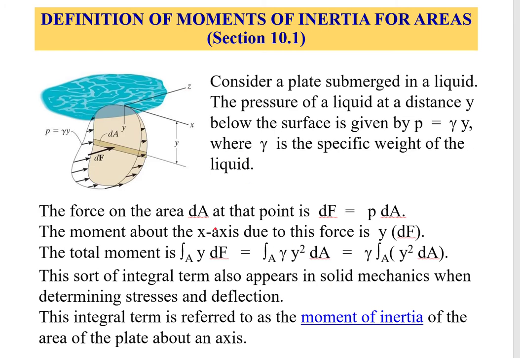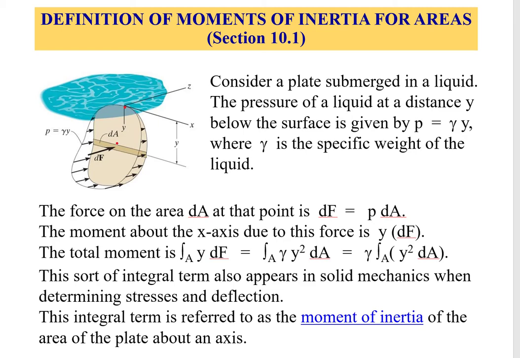Now let's take a look at this simple submerged plate. A plate is submerged in a liquid. As you know, the pressure increases as the depth increases down from the surface of the water. So we choose the coordinate system to be on the surface of the tank, and as we go down, y is increasing in the positive direction, which is indicated here, down.